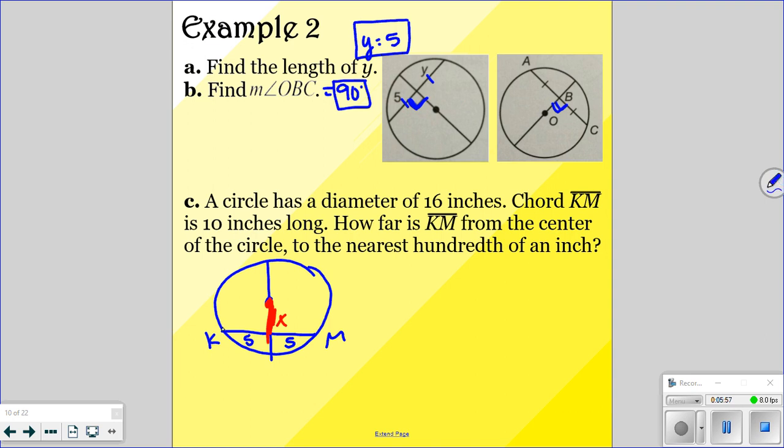We can make a right triangle here because we know this is a right angle. And if the diameter is 16, this is a radius. So it would be 8. And we can use Pythagorean theorem on this triangle here. So 5 squared plus x squared would equal 8 squared. So x squared would equal 39.